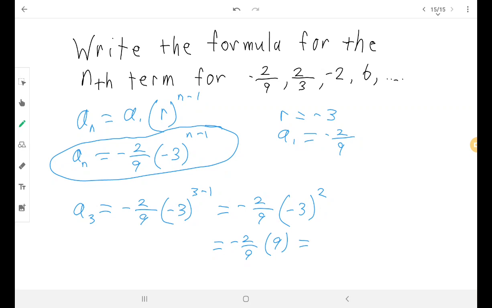Let me be a little more careful about that, which is to say, I take this one, I multiply it to the top only. So I could think of this as having -2 times 9 over 9, and 9 over 9 is 1, so they cancel, leaving me with just -2, which is, of course, what I was looking for.